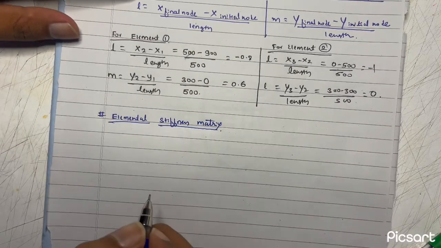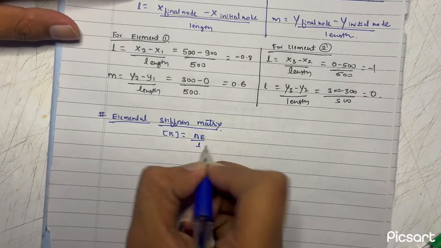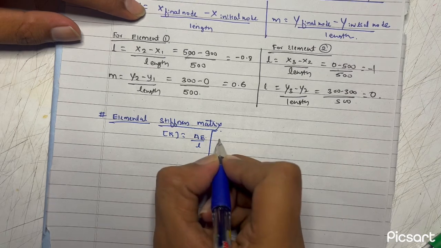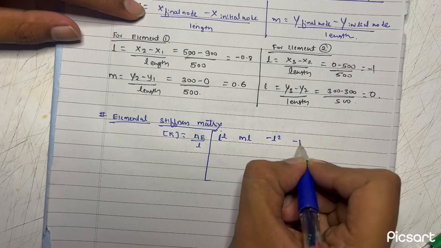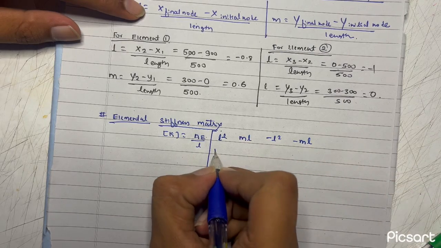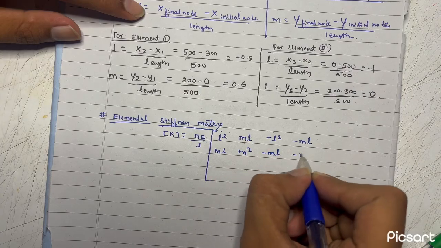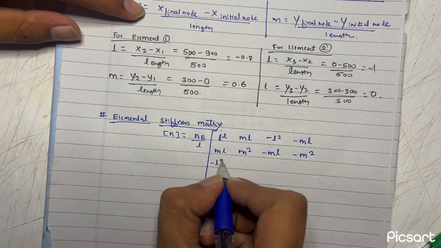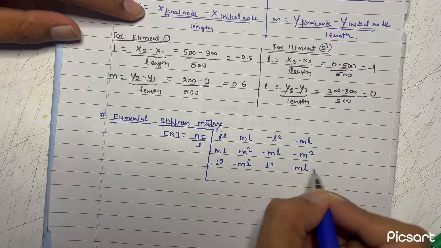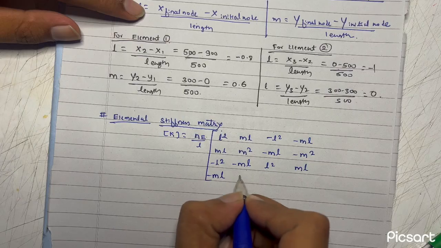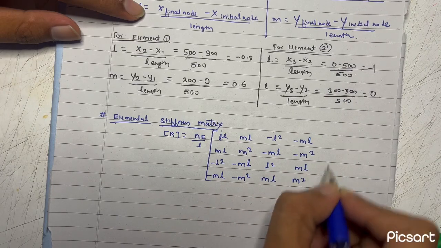Already we know how to calculate K. The formula is AE by L, times the matrix: L square, ML, minus L square, minus ML; ML, M square, minus ML, minus M square; minus L square, minus ML, L square, ML; minus ML, minus M square, ML, M square.